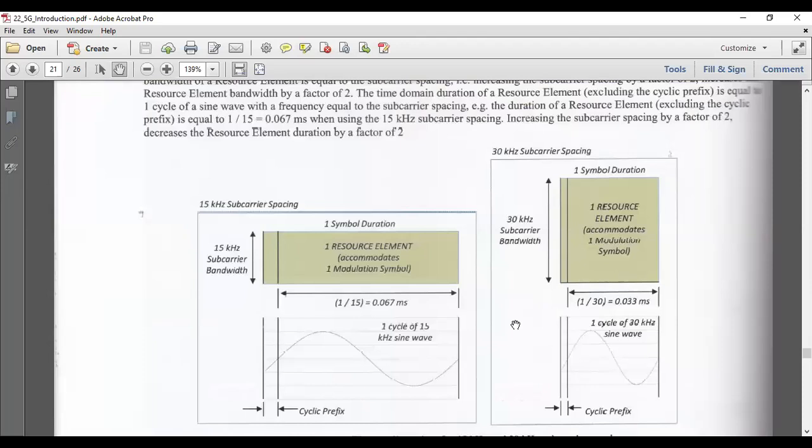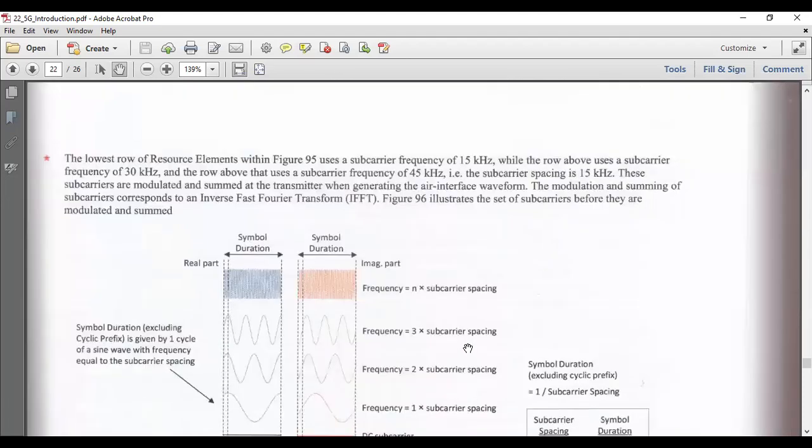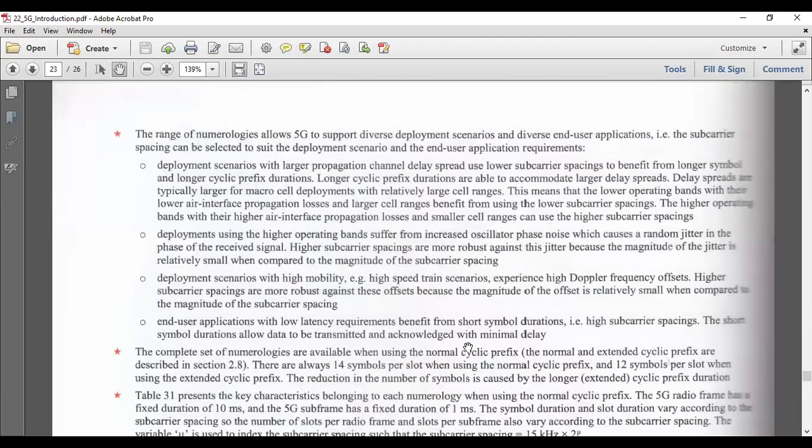Okay, now the subcarrier spacing has different options in the case of 5G. Let me show you why you have this option. It's not like if you use lower or higher subcarrier spacing, then your data rate increases.